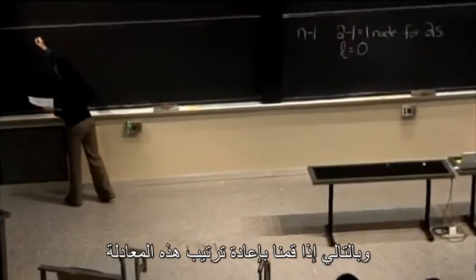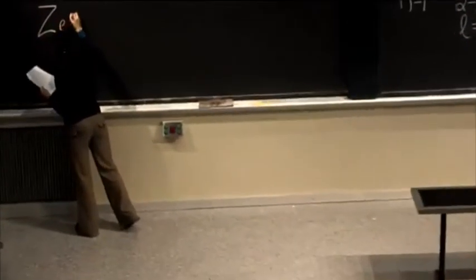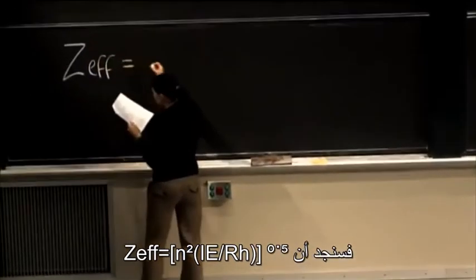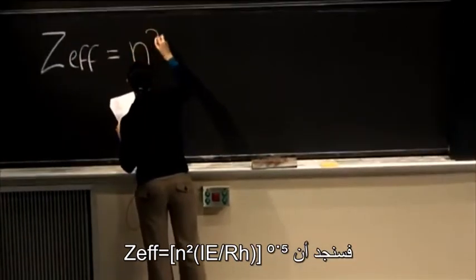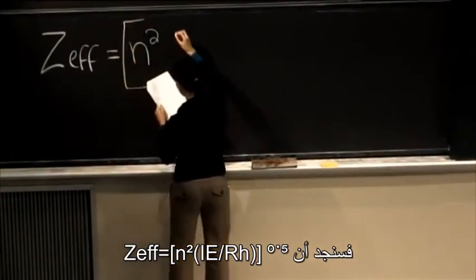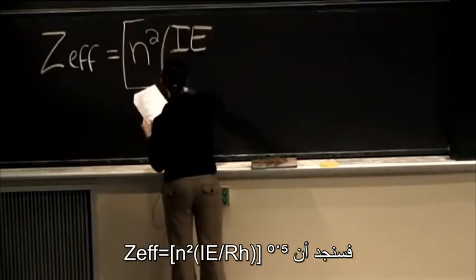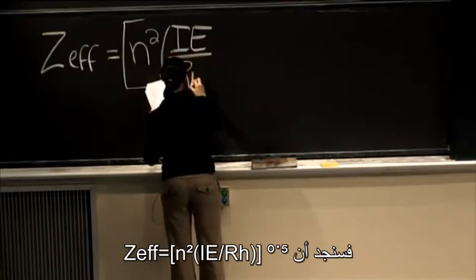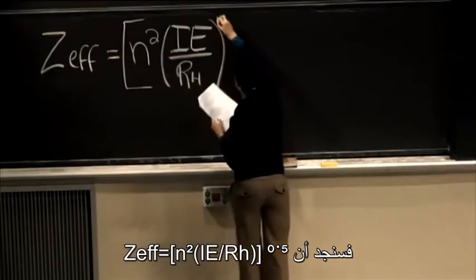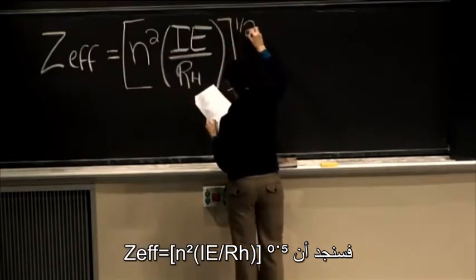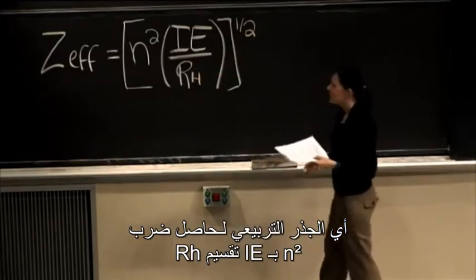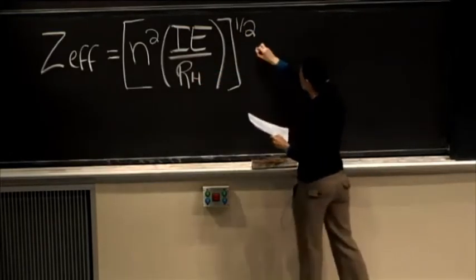If we rearrange this equation, Z effective is equal to the square root of N squared times the ionization energy over the Rydberg constant, RH.